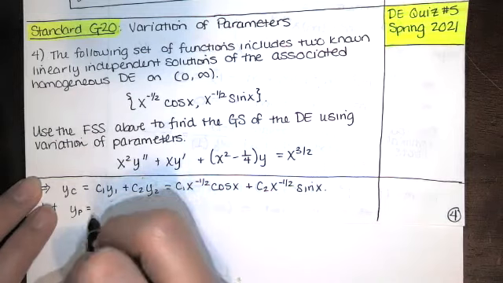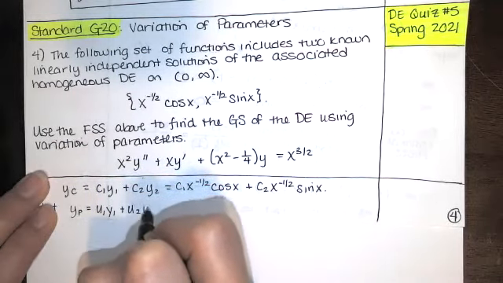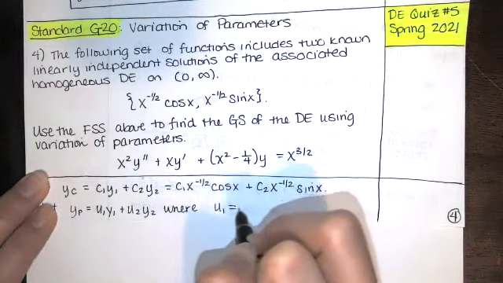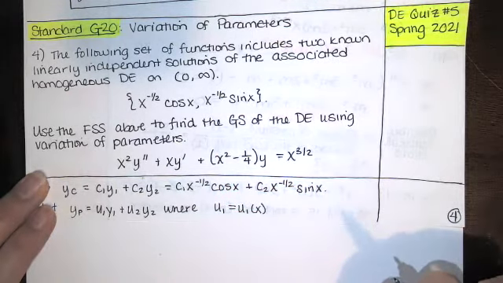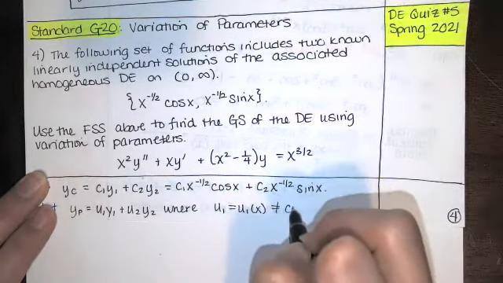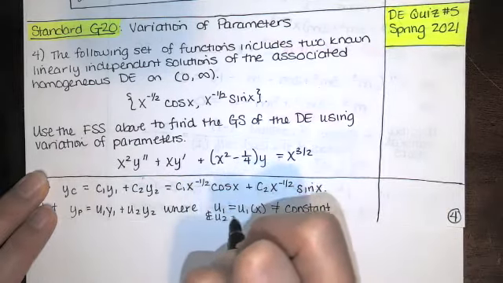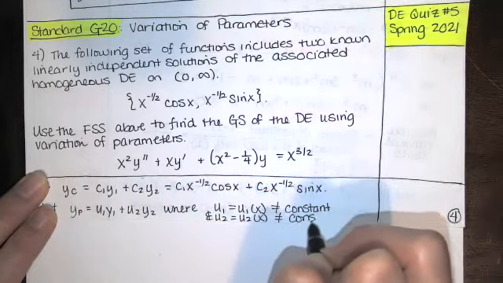Since this is second order, y sub p will be equal to u1 y1 plus u2 y2, where u1 and u2 are non-constant functions. So u1 is a function of x. It's not equal to a constant. And u2 is also a function of x, not equal to a constant.